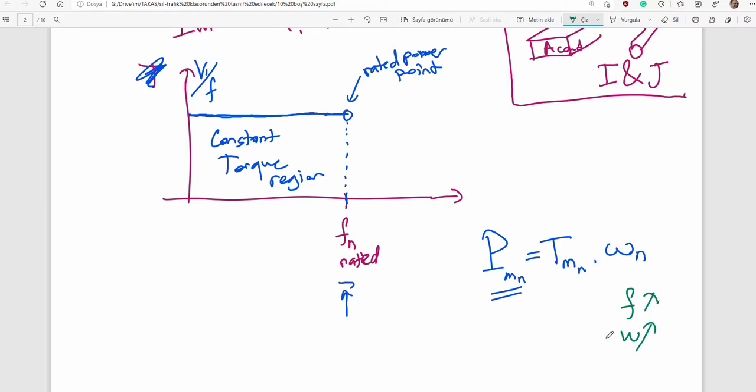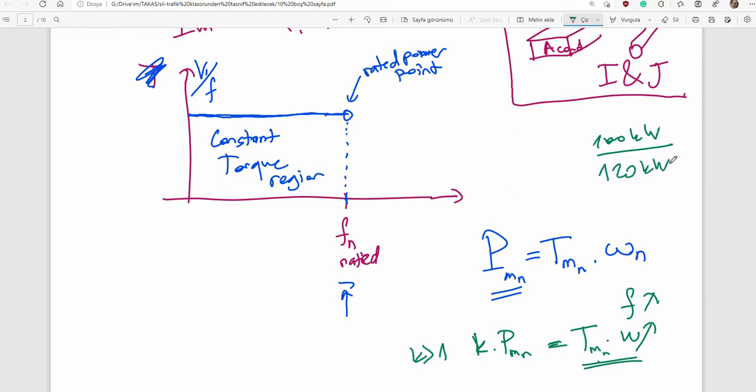When you increase speed and try to keep torque constant, let's say, here is something overridden. Here is K. K will be larger than 1. Machine power limit will be exceeded. Machine will be overloaded. There's a problem. You got a 100 kilowatts machine, and then you try to operate it at 120 kilowatts.